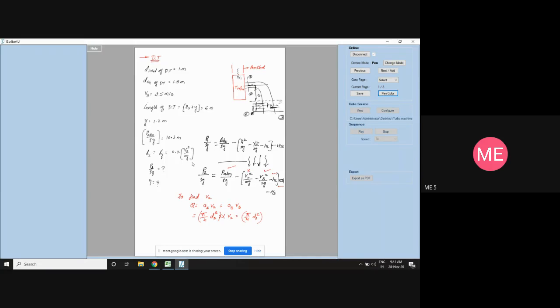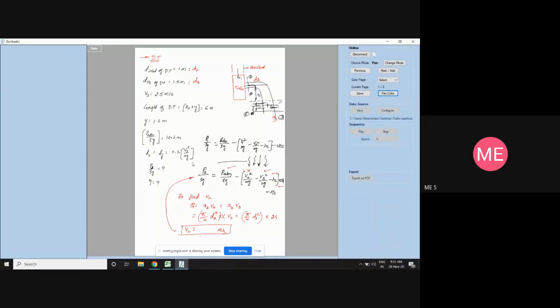If I check the diameter here, I'll get D2, and here I'll get D3. Into velocity V3, which is given as 2.5 meters per second. Everything is known here except V2. Take out V2 and substitute back here.